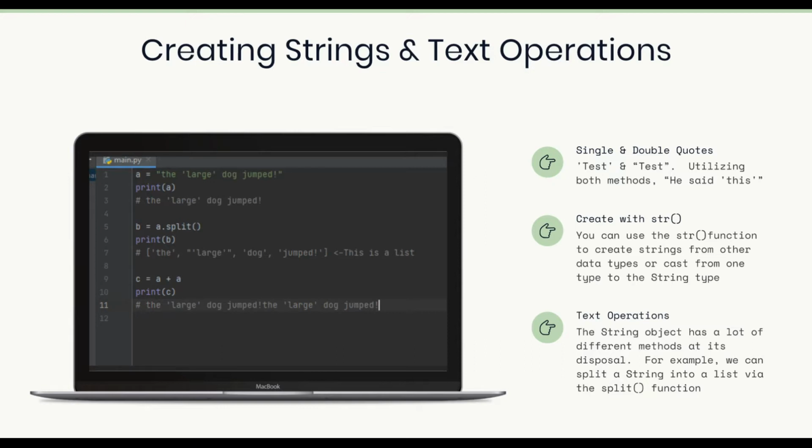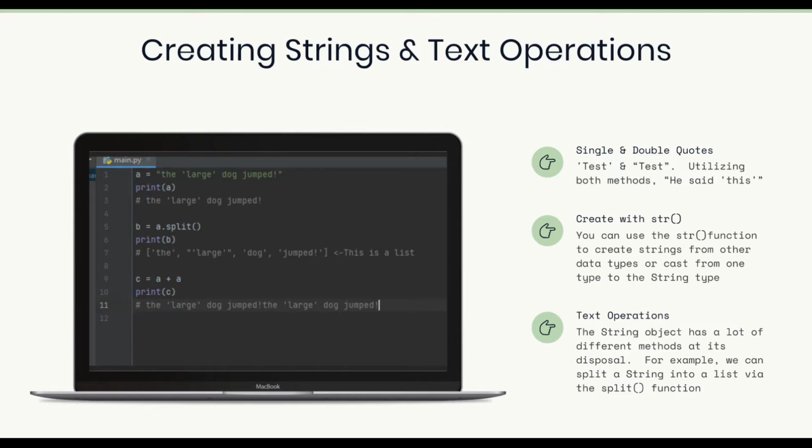Now, when you don't pass an argument into the split function, it assumes that you want to split the object on empty space. So it gives us a list where the list is the, large, dog, jumped.